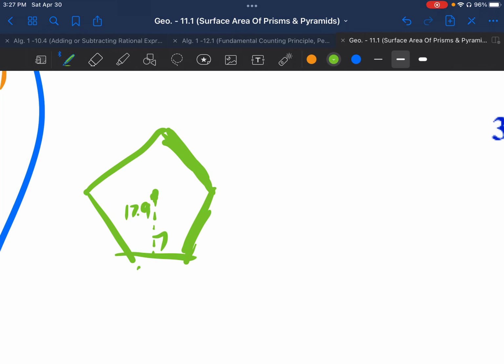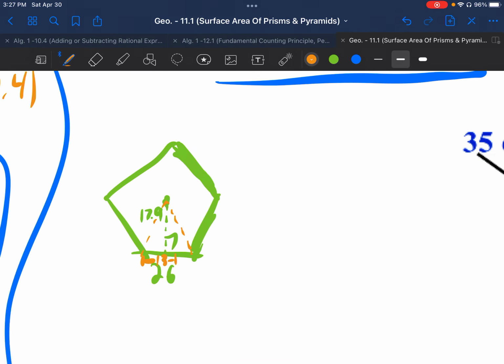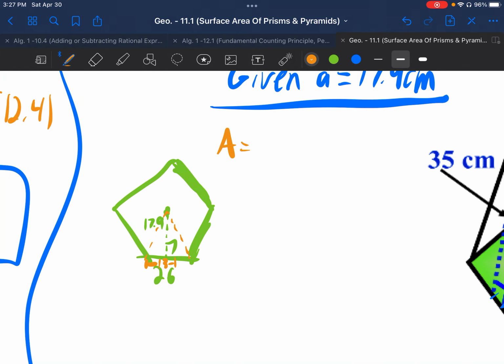And one of the side lengths is 26. Well, just like previously, I'm going to cut triangles when we're finding the area of these polygons. That makes here to here 13, for half that bottom of the triangle, half the side length. And reminder, area of a regular polygon is 1/2 the apothem times the side length times the number of sides.